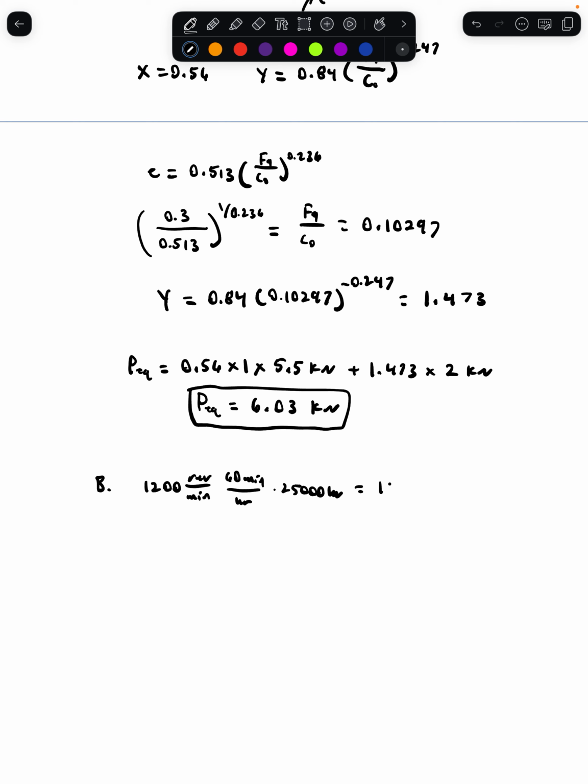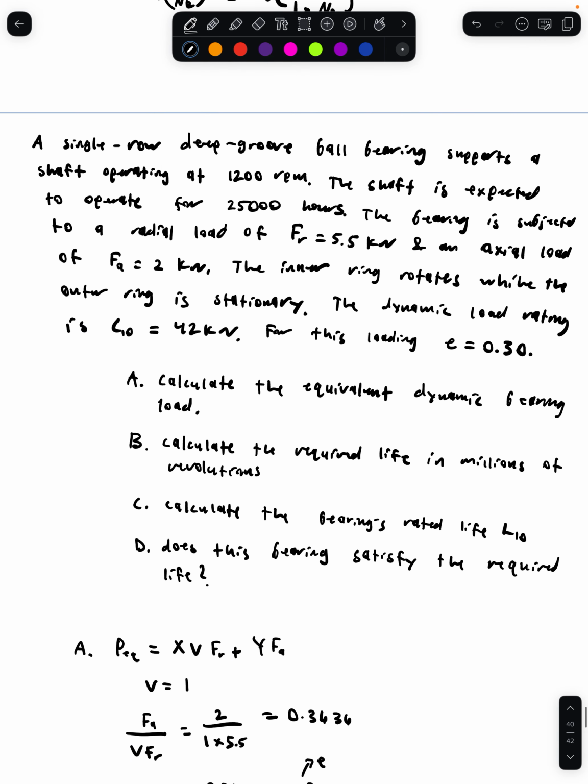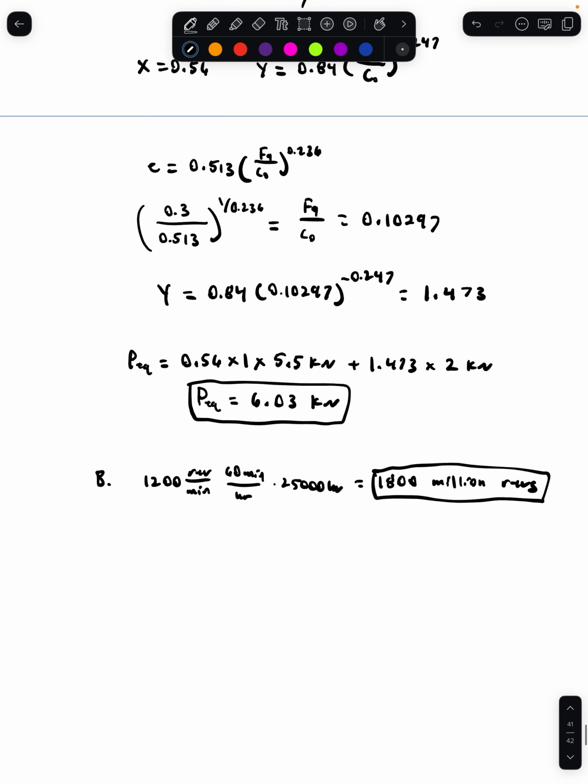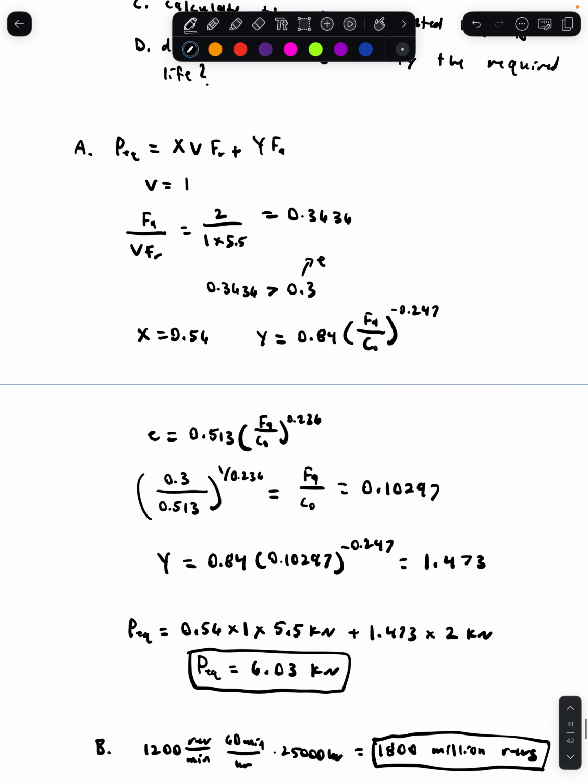It's going to be 1,800 million revolutions. So that's how many cycles this bearing needs to last in order to last the full 25,000 hours at 12,000 RPM.